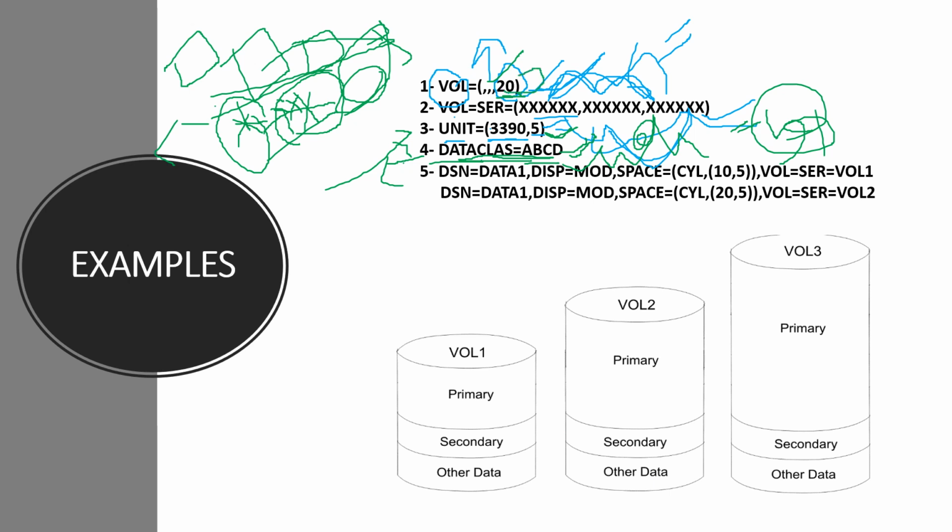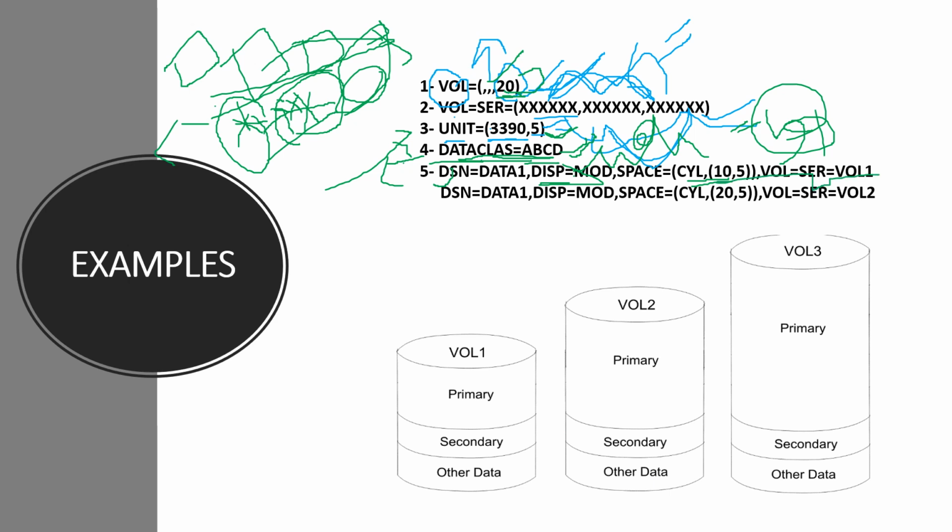What do you do for a VSAM? VSAM will be extending in future, right? It will be extending slowly. And there's another type here. If you specify the DISP parameter as MOD, you can specify different primary spaces on different volumes.